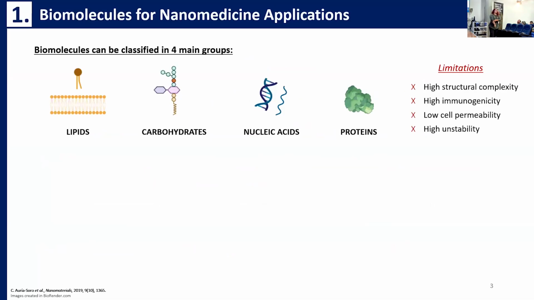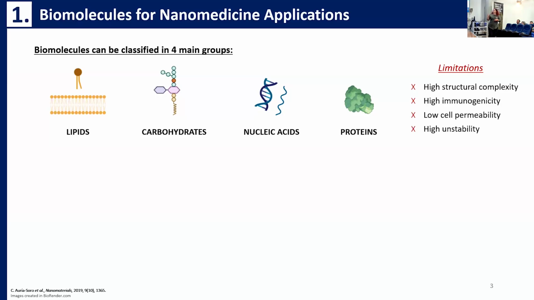So first of all, today here we are all talking about biomolecules, but what are biomolecules? So biomolecules are macromolecules that are present in living organisms. There is a huge variety of them, but they can be mainly classified as lipids, carbohydrates, nucleic acids, and proteins.